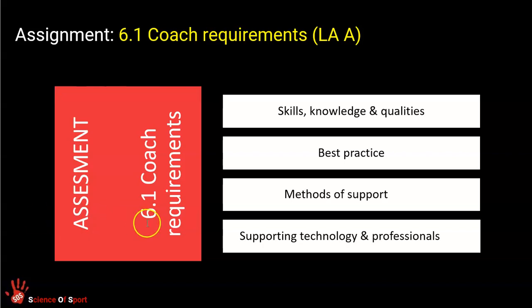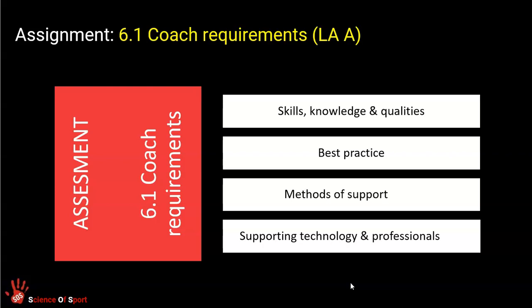So 6.1. The coach requirements assignment is very much a preparatory assignment. It gets you to reflect upon and consider and understand what a coach needs to know and who a coach needs to be in terms of being an effective coach and making an impact on participants.